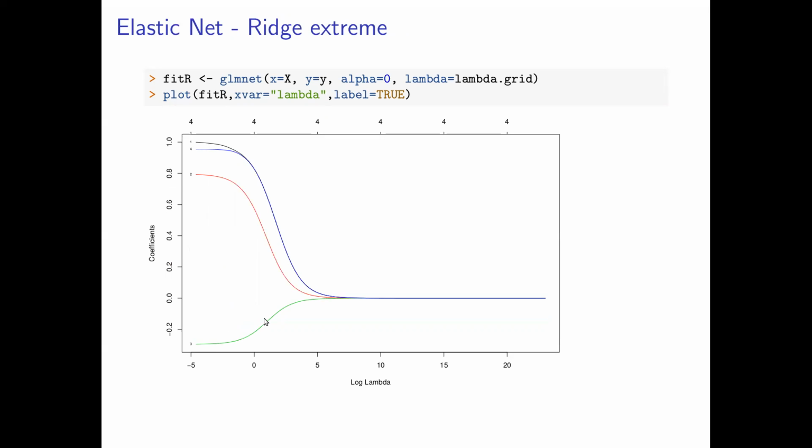The ridge regression now is affected by this high correlation between the first and the fourth variable. We see now that the first and the fourth, they are basically here close together with respect to their coefficients, and sooner or later they merge and they are removed, both of them together, or stay in the model, both of them together.